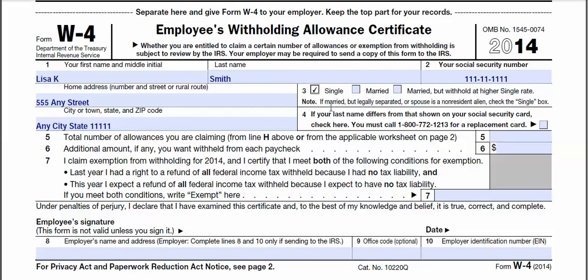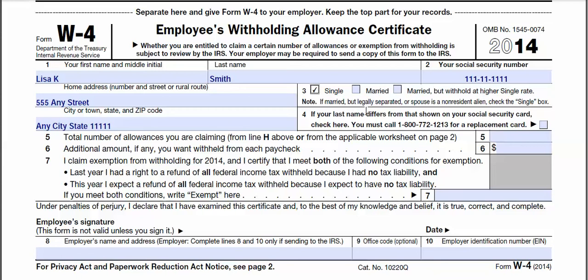Okay? Also, it gives you a note down here: if married but legally separated or spouse is a non-resident alien, check the single box. So that would be also something else. So legally separated, check the single box.